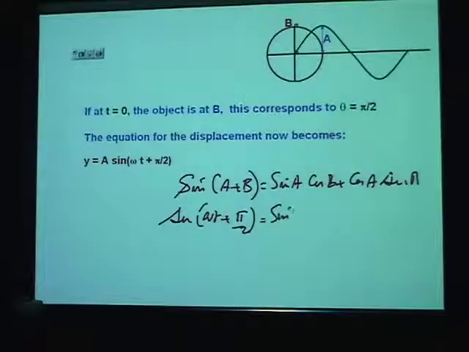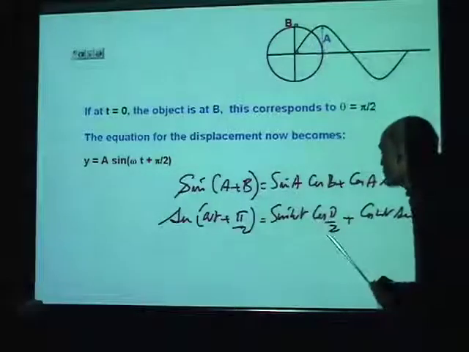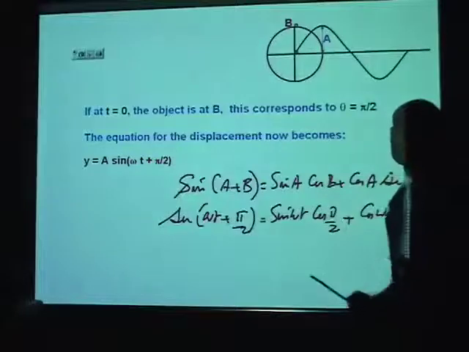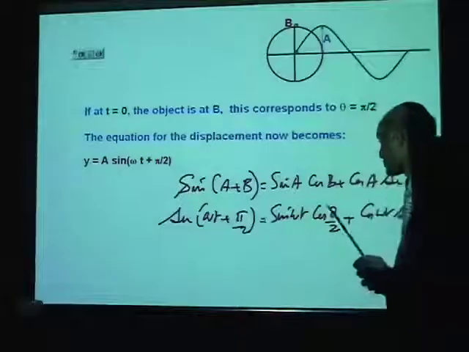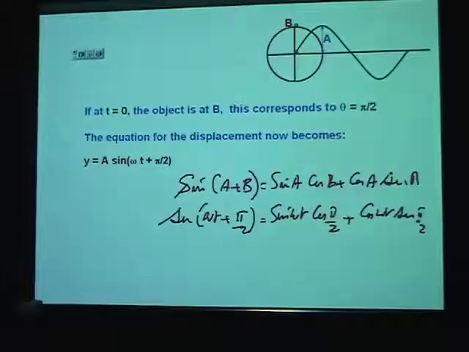It will be sine omega t cos pi by 2 plus cos omega t sine pi by 2. You see that? Now, as a result, what is cos of pi by 2? I don't think many of you remember. Cos of pi by 2 is 0. That means this term will disappear.